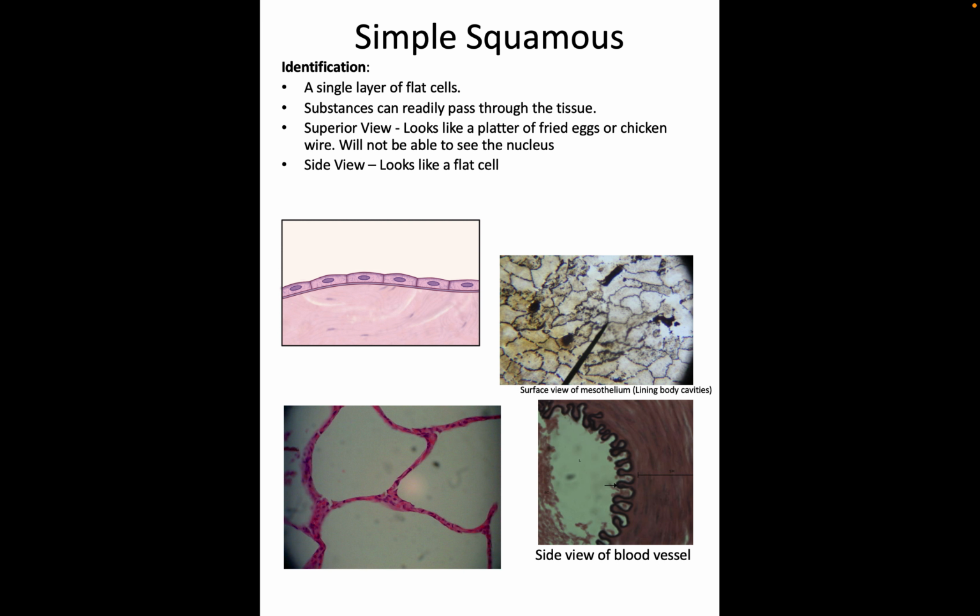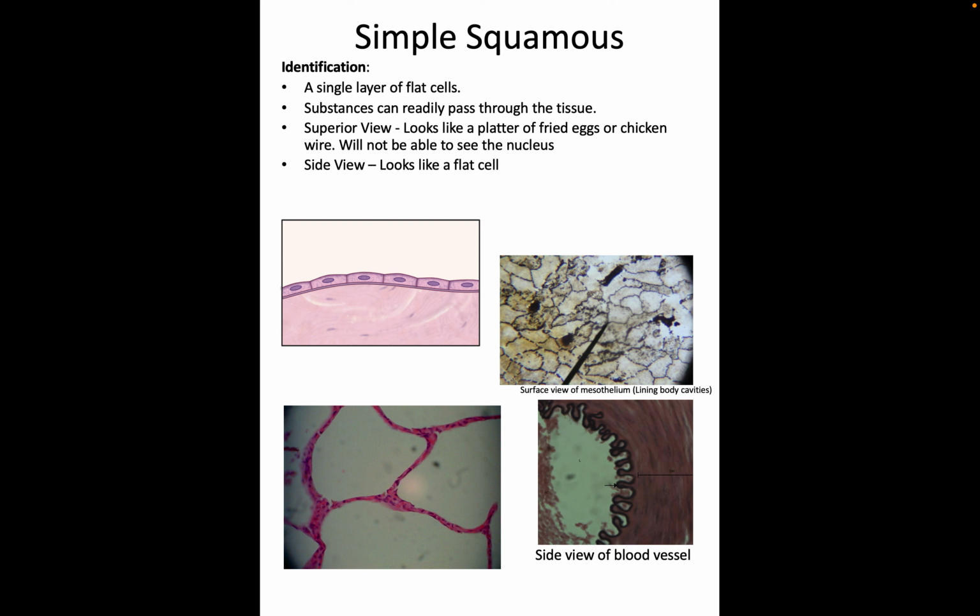So the structure dictates the function. So if you look at the structure of this tissue, it's very flat. It's very thin. There's only one layer, right? So because it's a very flat, thin cell, and we only have one layer, maybe this is going to allow things to pass through it, okay? And that's exactly what we see, okay?